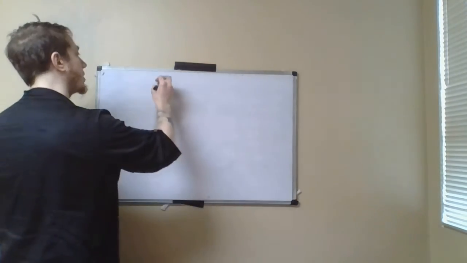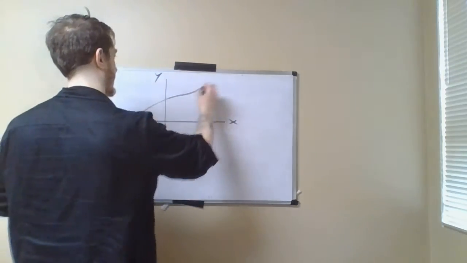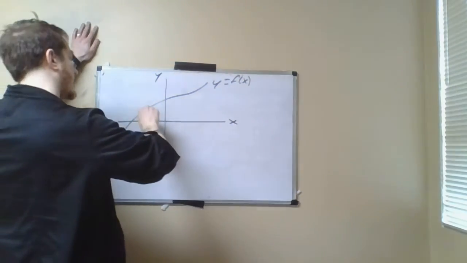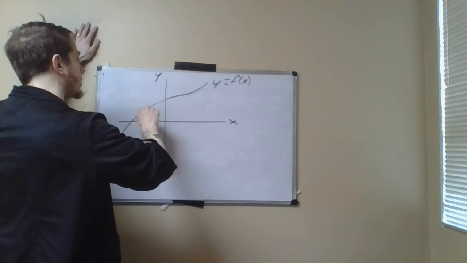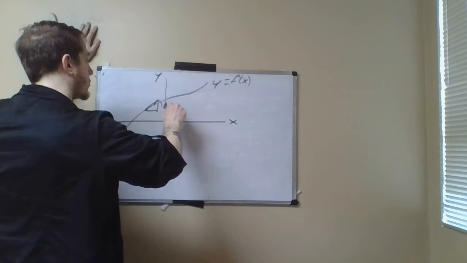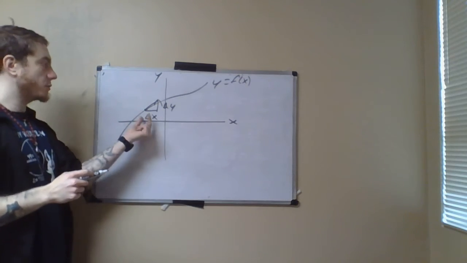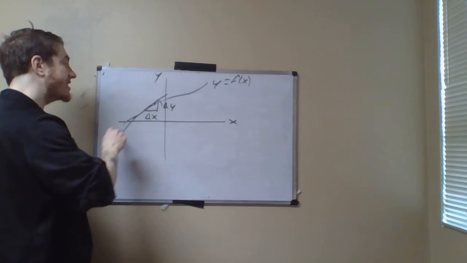Let me show you the geometric significance of this kind of thing. Geometrically, if I have some curve, here's my y equals f of x. Well, the change in y per change in x, here's my change in y, here's my change in x. I am looking for this slope as we take this smaller and smaller, and that's going to give me my tangent line.